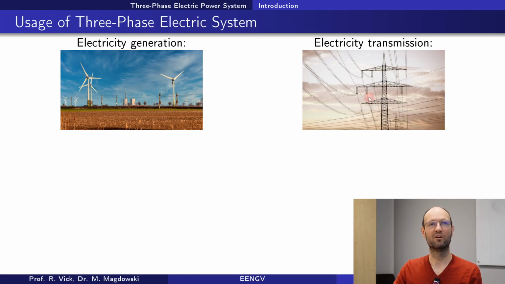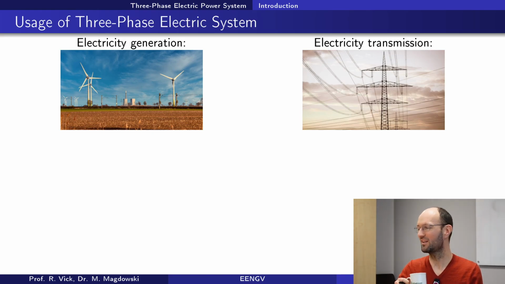All these overhead transmission lines also work with three-phase systems. It's all AC, all 50 Hertz in Europe and in most parts of the world. In the United States it would be 60 Hertz for historical reasons, so that all motors will rotate quicker in the United States.